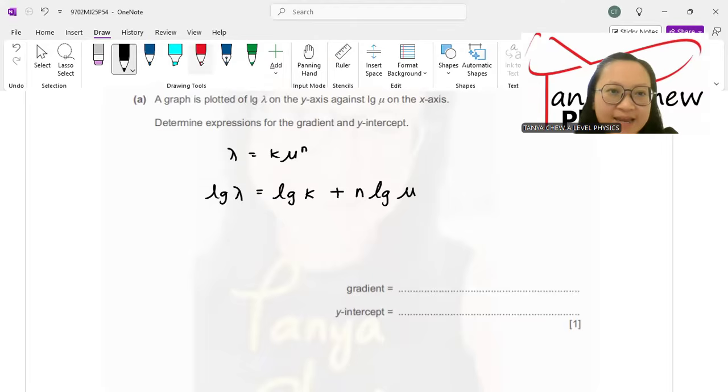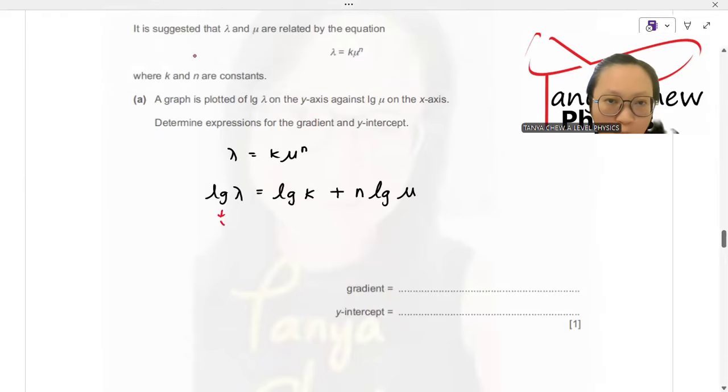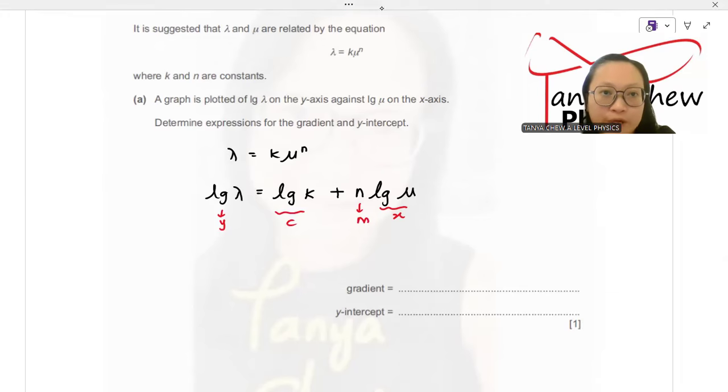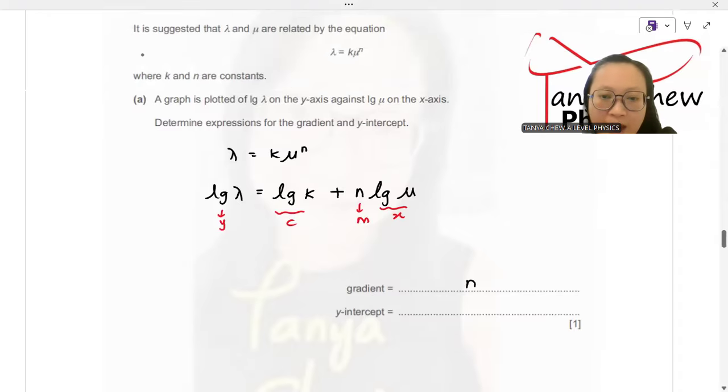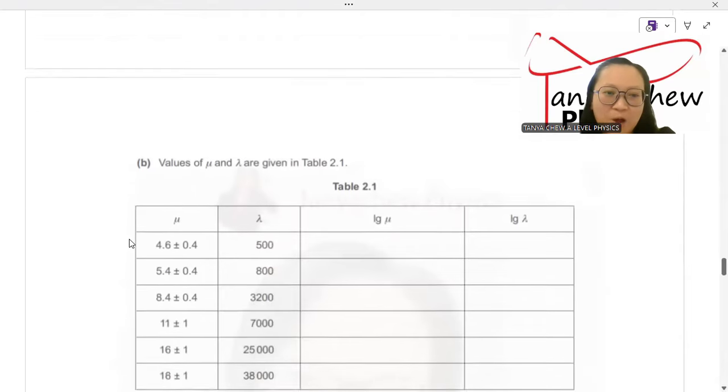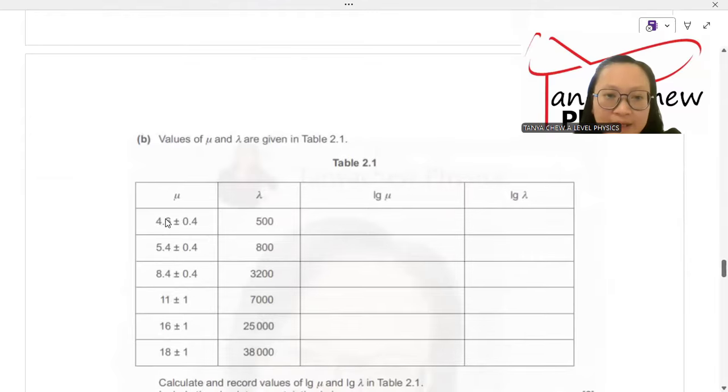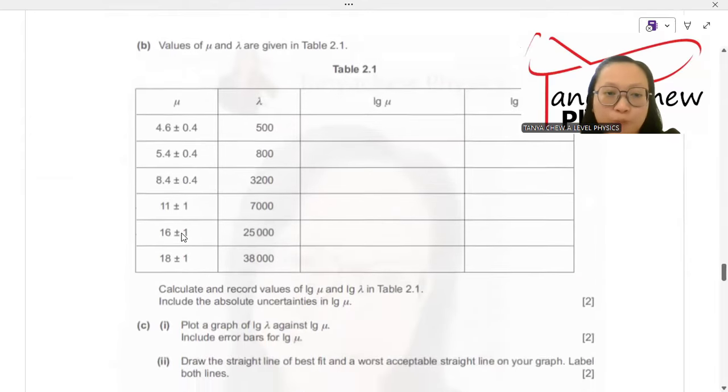So this is my y-axis and this is my x-axis. Therefore, n would be my gradient and log k would be my y-intercept. Now, gradient of the graph, very simple. Just use a little bit of math here. Gradient of the graph is n, and the y-intercept is log k. We are done.